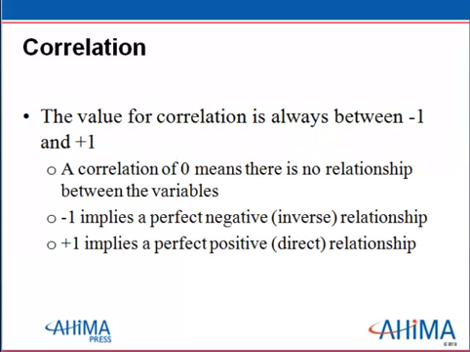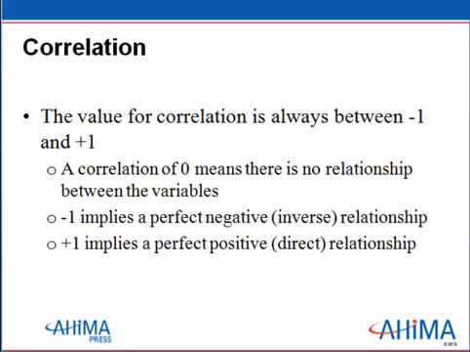The value for correlation will always be between -1 and +1. A correlation of 0 means there's no relationship between the variables. The closer r is to -1 or +1, the stronger the relationship.